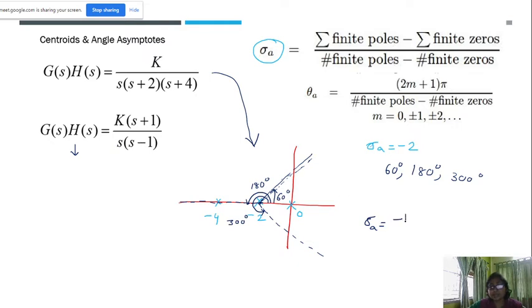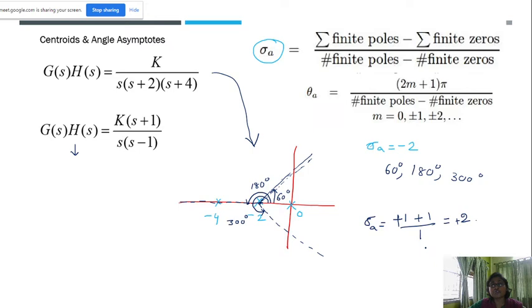The zero is plus 1, and minus of minus 1 means this is also plus 1. Divided by number of poles minus number of zeros, 2 minus 1, that means 1. So the centroid will be at plus 2.